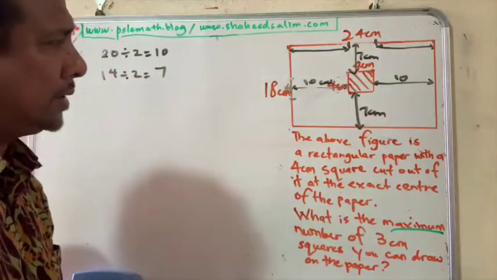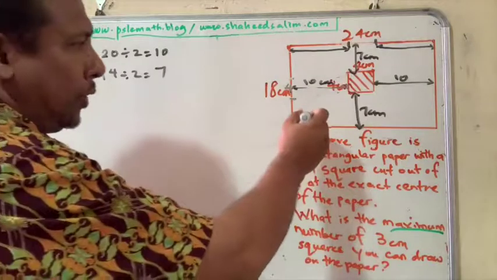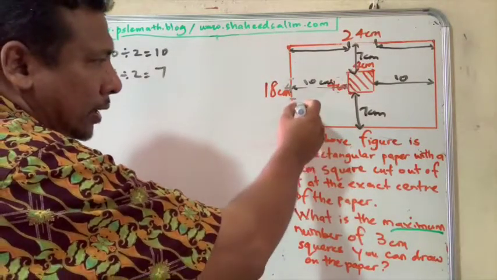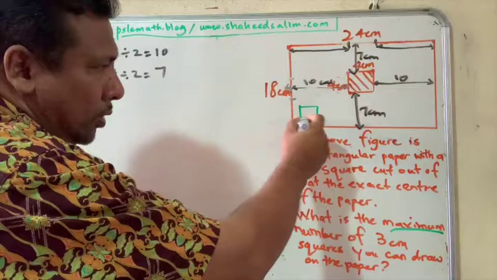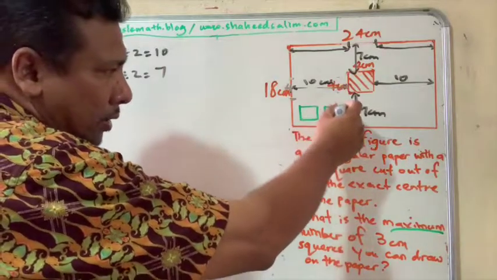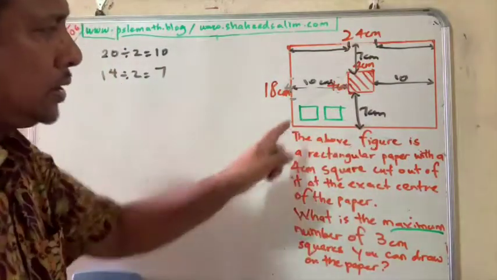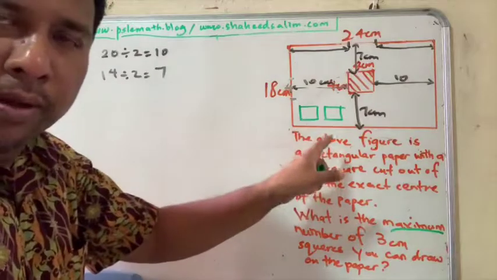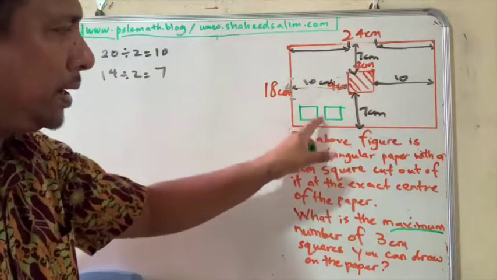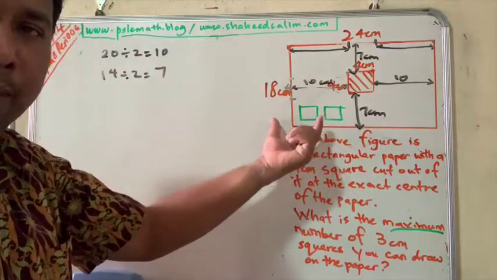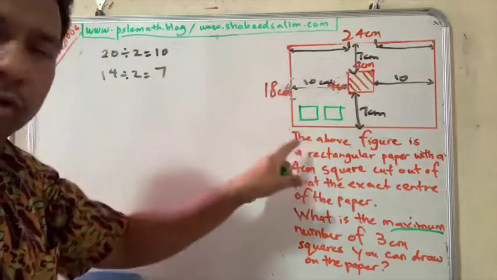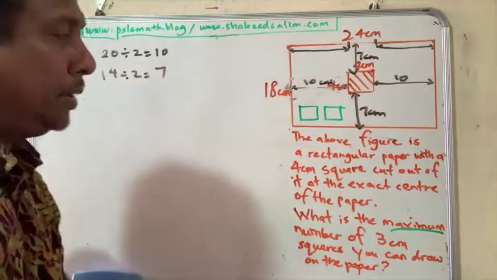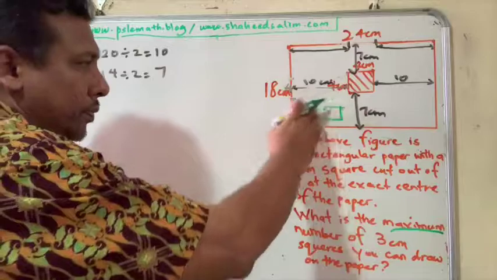And what they mean is this: if you were to draw, for example, here, and then you draw another one here, can you see that you're not making full use of the space here? You can draw them closer together, closer to the edge of the rectangle, and that means more space.